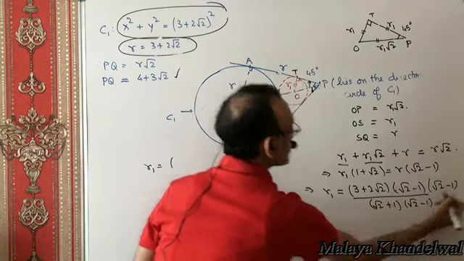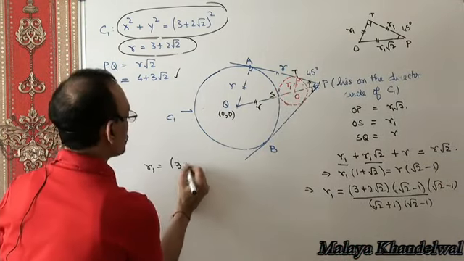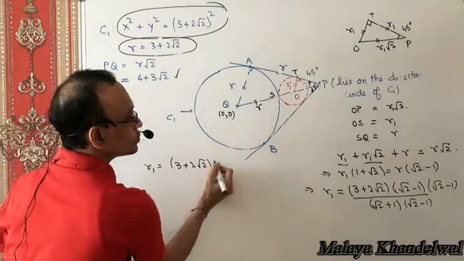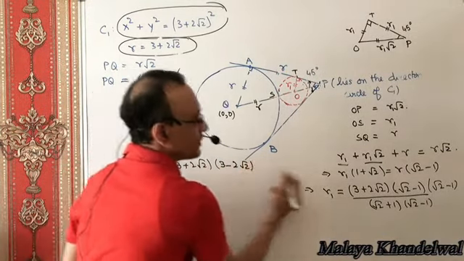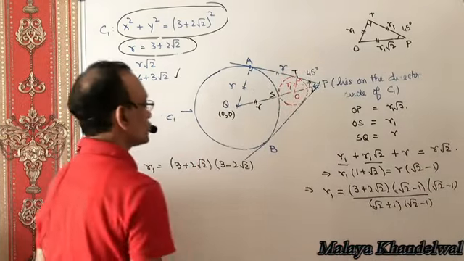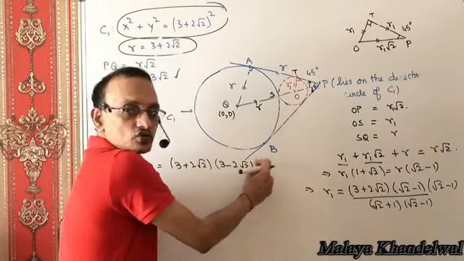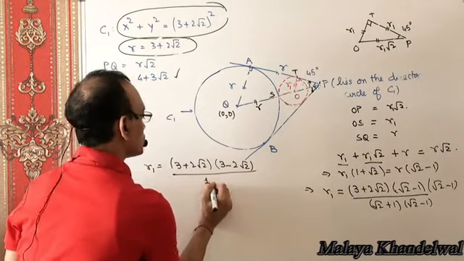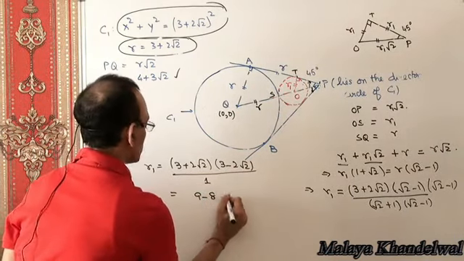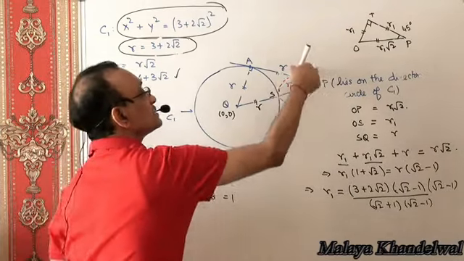I get 3 plus 2 root 2 times (root 2 minus 1) whole squared, which is 3 minus 2 root 2, divided by 1. So this is like 9 minus 8, which is 1. So the radius of the circle is going to be 1.